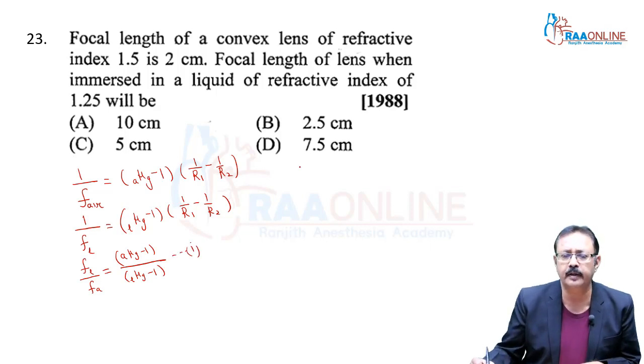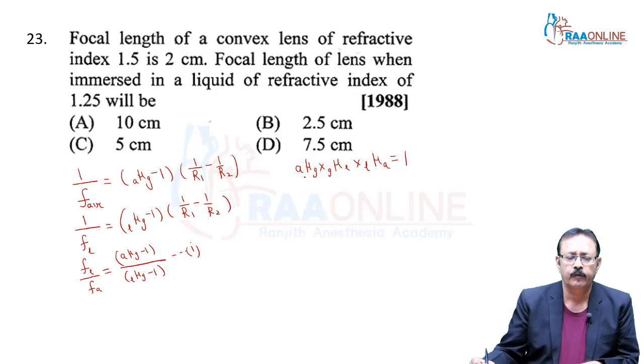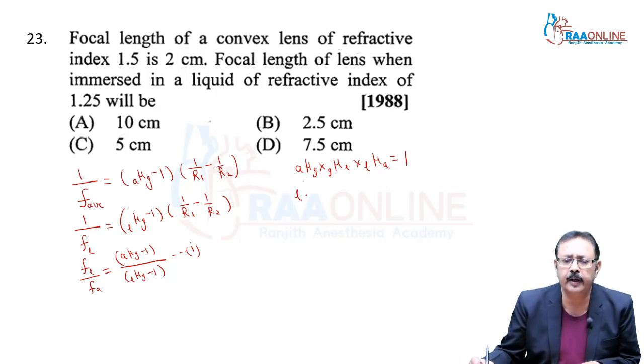We know that if rays are travelling from air to glass, glass to liquid, finally coming in the same medium, the product should be 1. We need L mu g, so take G mu L on that side. So what we are getting?